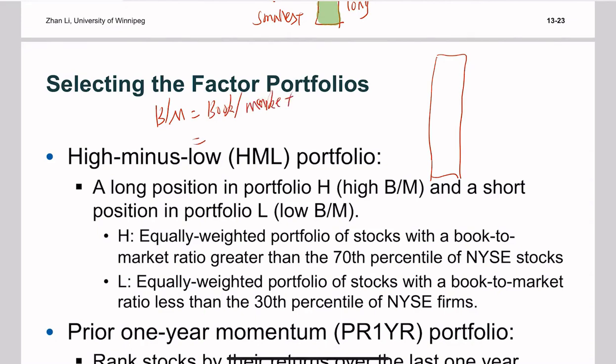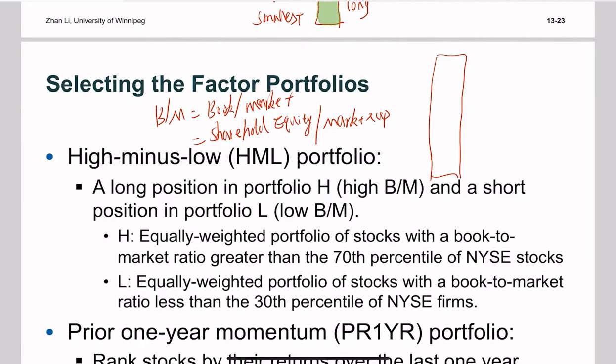That is the book value of equity, that is shareholders' equity, divided by the market value of equity, which is essentially market cap. Right? We discussed this notion in the last class.